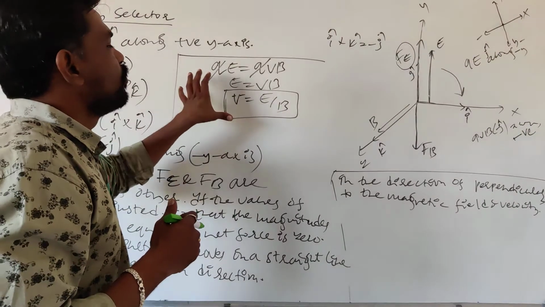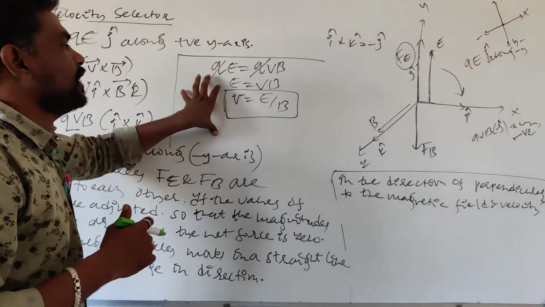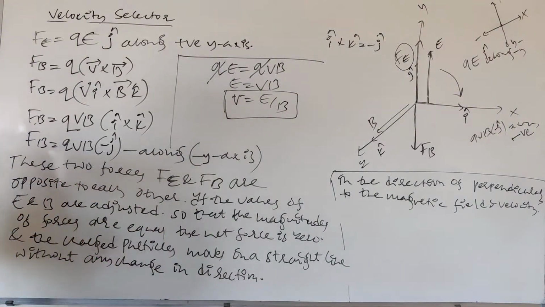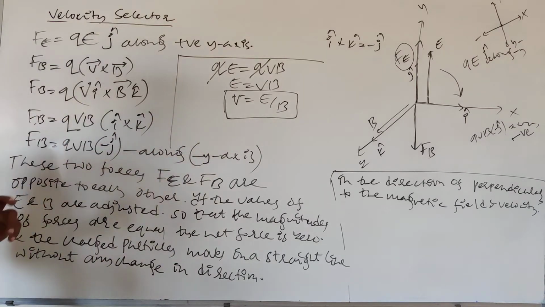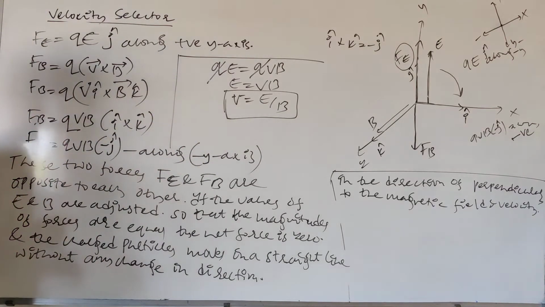So when particles move with different speeds, we use this condition to select a particular velocity. So this is the velocity selector, V is equal to E by B.